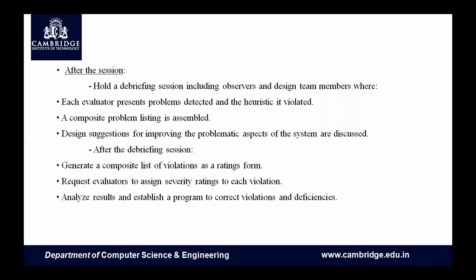Then you have to provide suggestions for improving the problematic aspects. That is after the evaluation process. So after this debriefing session, what do we have to do? Generate a composite list of evaluations, that is, violations. So what are all the cases where a violation is occurring? Provide all those details.